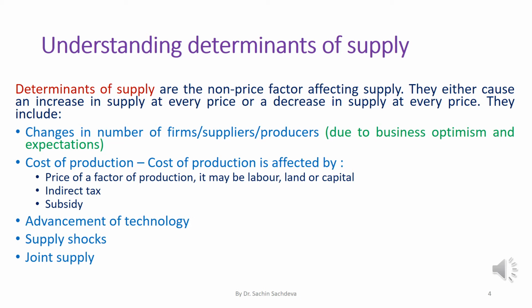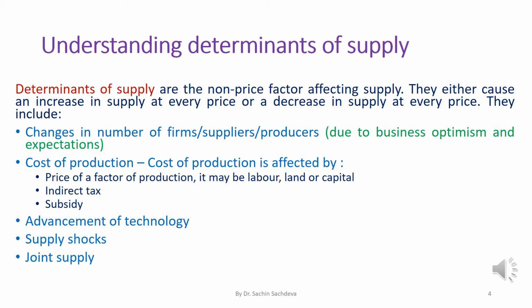So the cost of production is rising. Similarly, if machines are becoming expensive to hire, the cost of capital is rising, or if machines become cheaper to hire, then the cost of production is falling. So changes in the price of any factor of production change the cost of production.